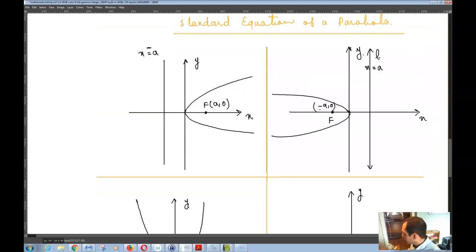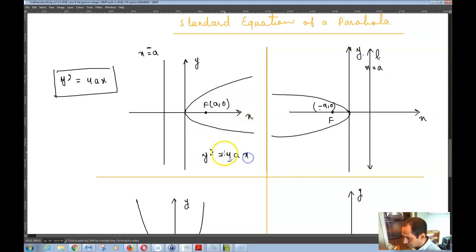If your parabola is opening towards the right or towards the left, your equation is going to be y squared is equal to 4ax. If it's opening towards the right, it's going to be y squared is equal to positive 4ax.